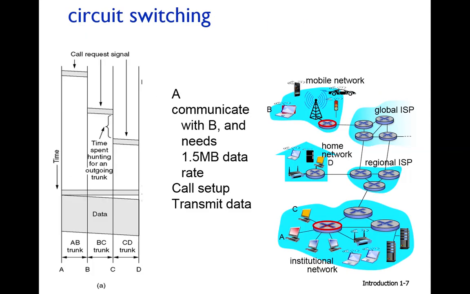So you can see how circuit switching technology works. First of all, when A wants to communicate with B, they have to reserve resources. How do they reserve resources? They send a call setup request. When it is sent from A to B, this is the time when the call is initiated, for example at t equal to 0.